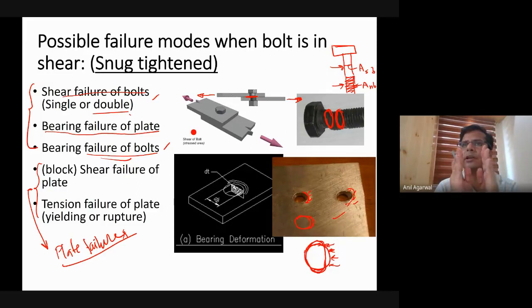If your failure is confined to a very small length, not distributed over the length of the bolt, it is confined to a very narrow band, it is the rupture, right? Yeah.